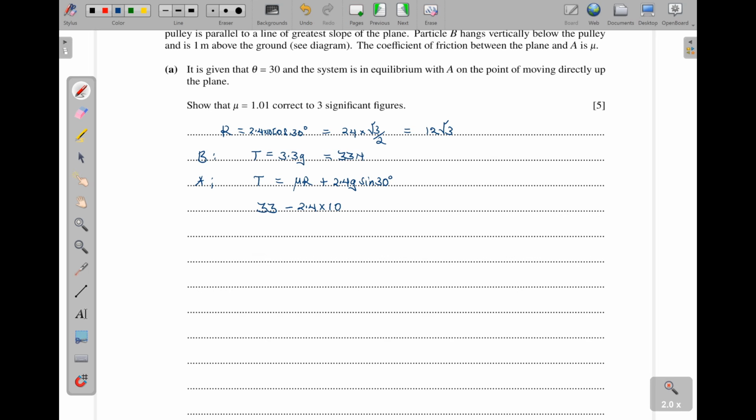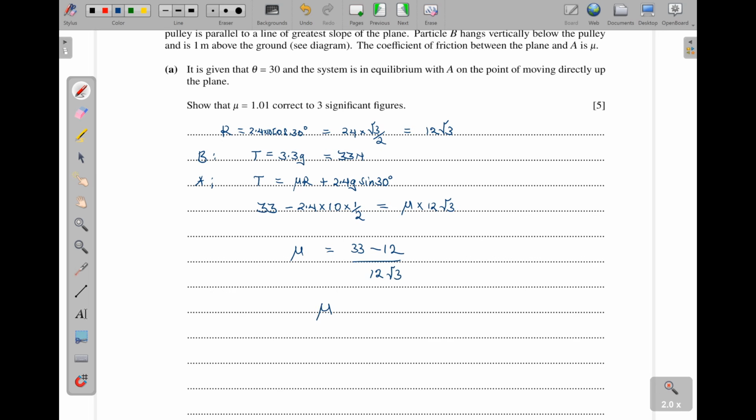So that means I'm going to have 33, then minus 2.4 times 10 here, then sine of 30 is a half. Then this one will be equal to mu R, and the R is 12 root of 3. So meaning mu is going to be equal to 33, and then 12 divided by 2, that will be 12, so minus 12, then out of 12 root of 3.